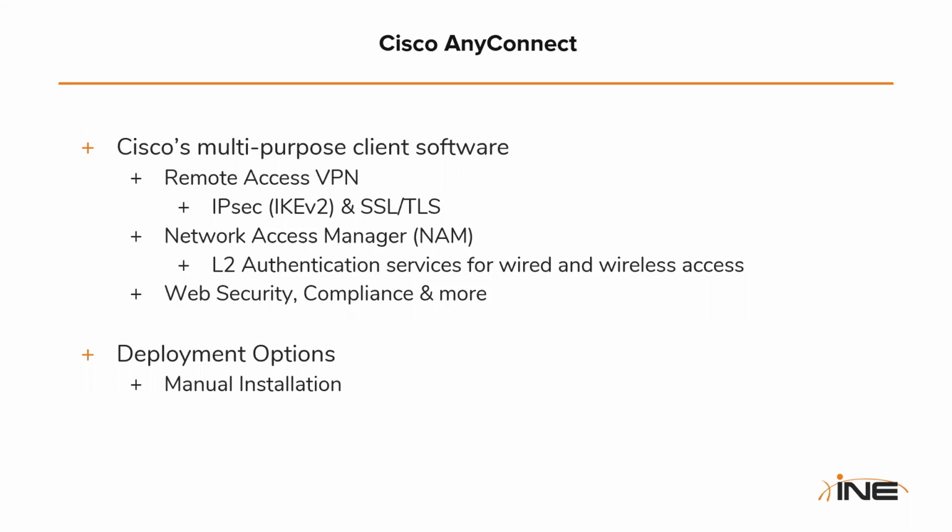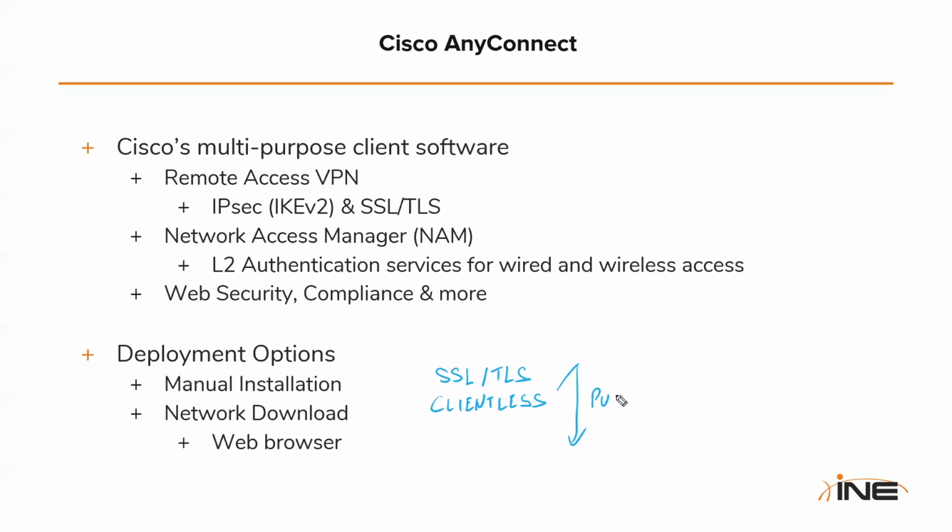You can do the pre-installation, or alternatively, you can go for what is known as network download, in which case you will allow people to use this regular SSL TLS clientless VPN to push AnyConnect to the clients.